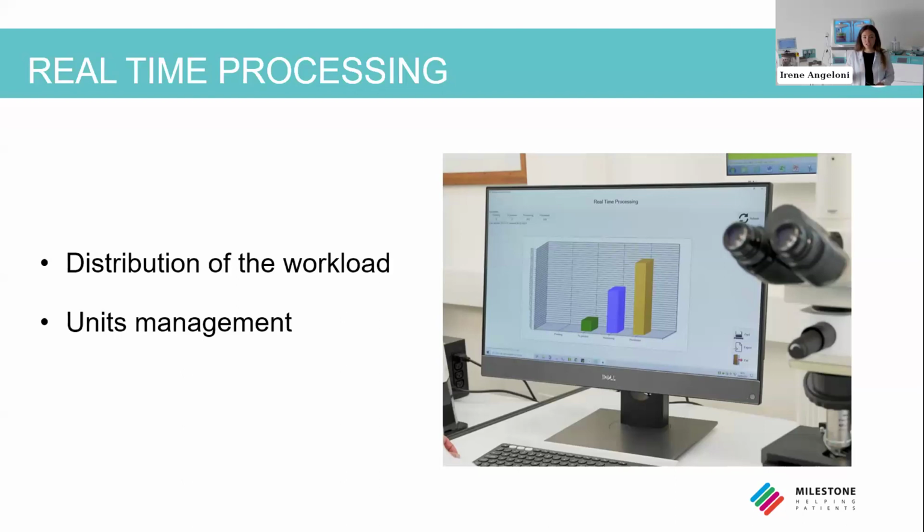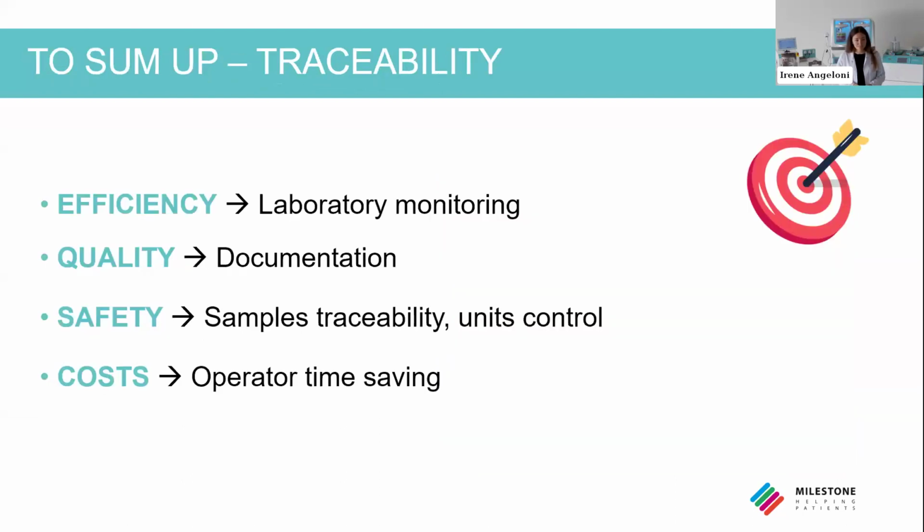So the lab manager can see how many samples you have to cut, you have to embed, you have already processed, you have to process, and so on. In this way, I think it's a nice possibility to have a better visualization of the samples that you have, to have a better distribution of the workload, and also a management of the unit. How many embedding stations, how many technicians for the cut, and so on. So I think it's nice.